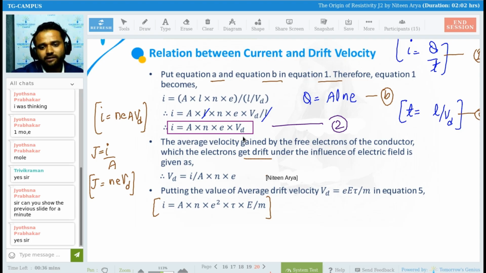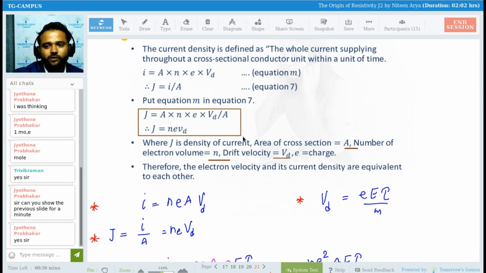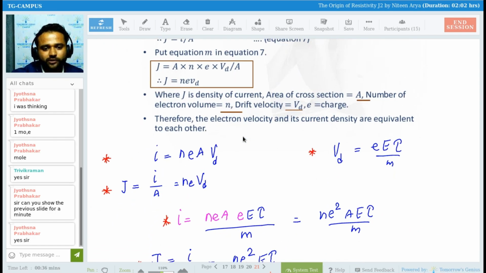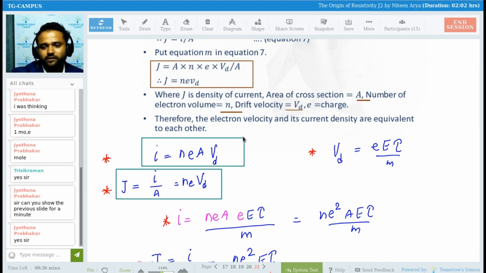There are n number of equations you can generate, but the concept is easy. Is this clear, everyone? This is all just rearrangement of formulas, nothing more than that. You just need to focus on I equals nEAVd, J current density equals I by A equals nEVd, and Vd which is drift velocity.